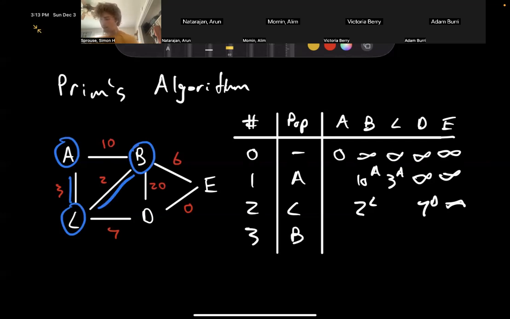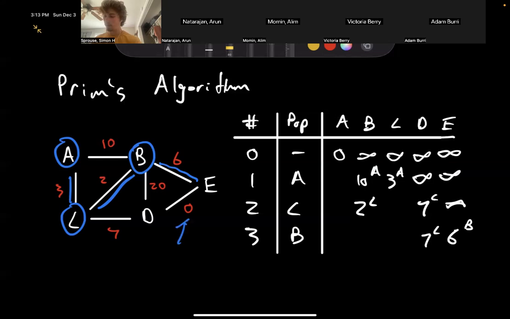B can discover E with an edge of 6. D is still, best we can do is still 7 from C. My bad, y'all. And then now we're going to go ahead and pop E.